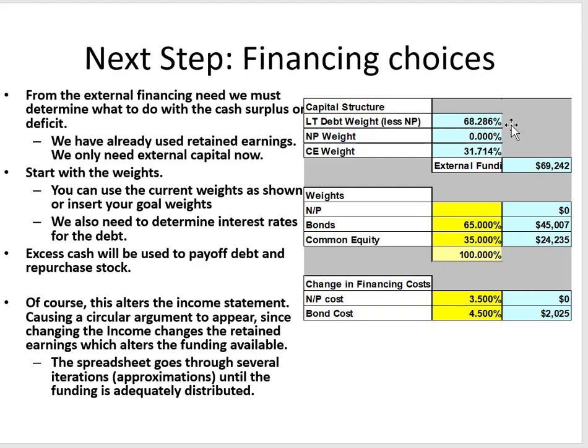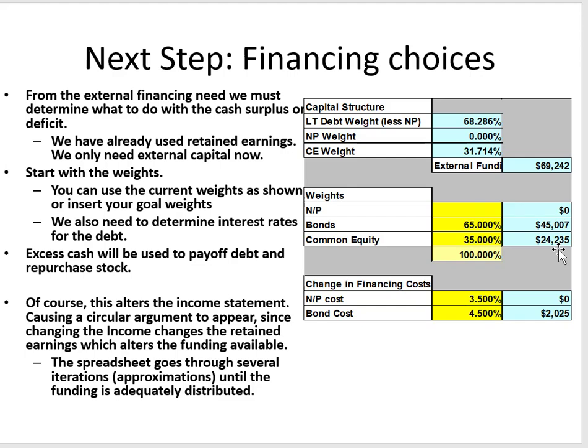We want to reduce our long-term debt by a little bit over 3.2% and put all of that money into common equity. So we want to change our financing structure. So 65% of the 69,000, 45,000 comes from debt. The other remainder, 24,000, we're going to have to issue some new common stock.